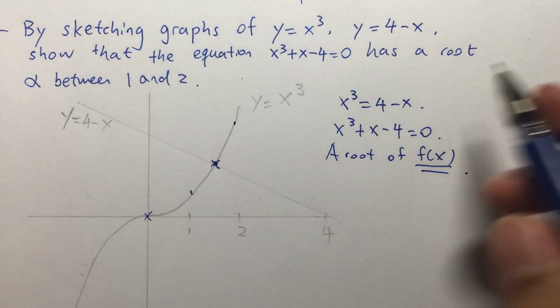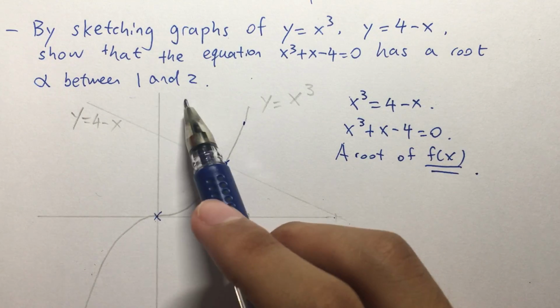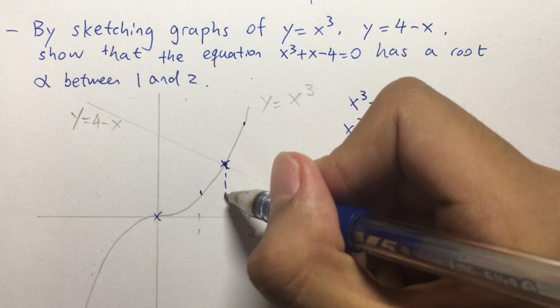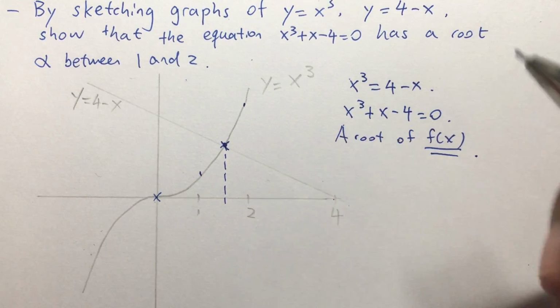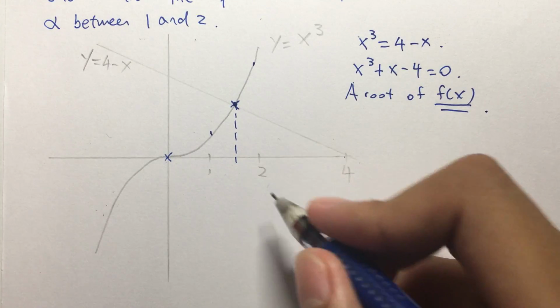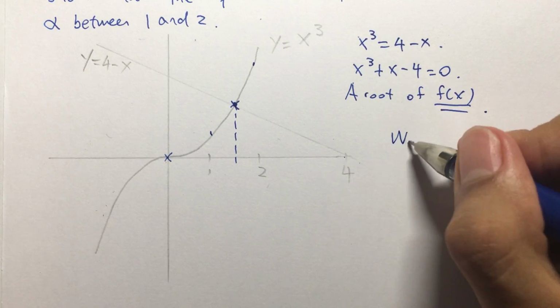It says it is between 1 and 2, so let's check: is it between 1 and 2 or not? Obviously it is in the zone of 1 and 2, which means we have completed the question.